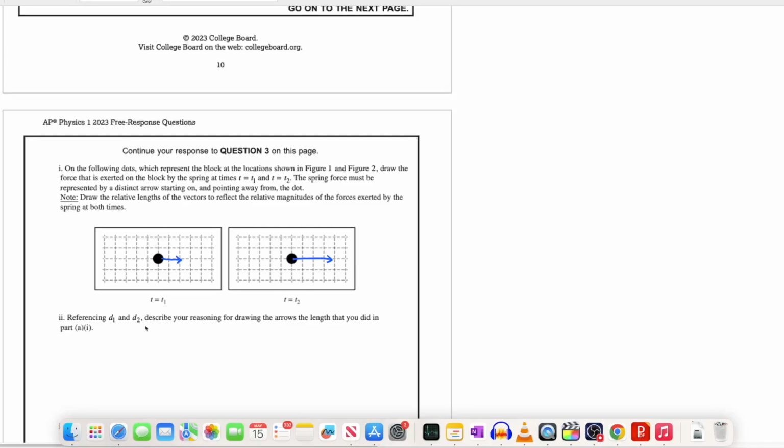If the stretch of the spring is smaller, then the spring force should be smaller. So the reasoning: the stretch of the spring is smaller at t1 than t2.